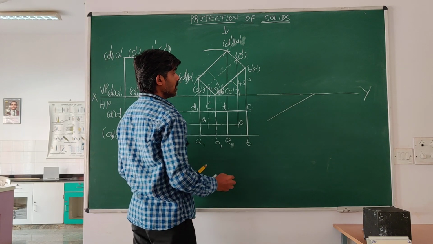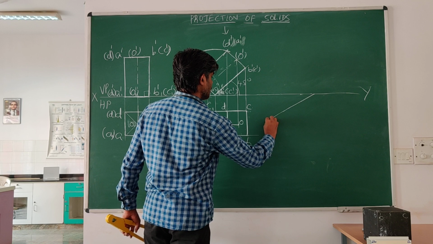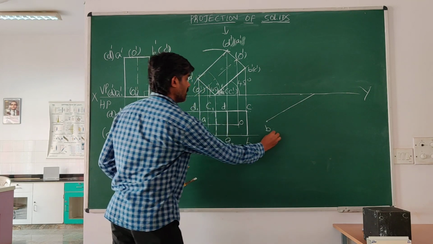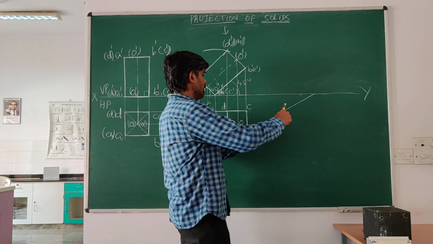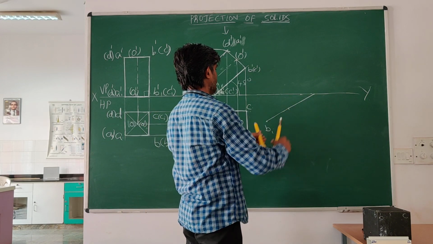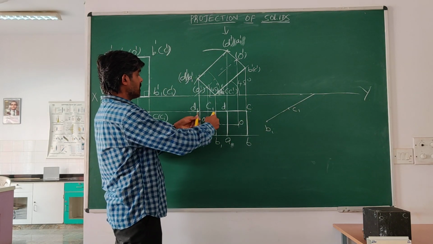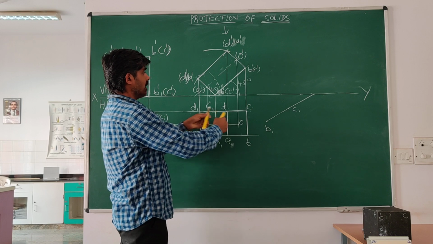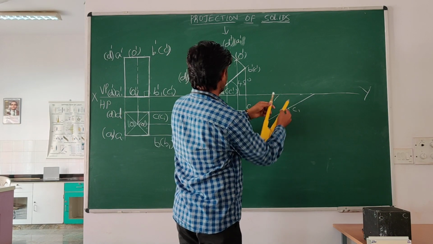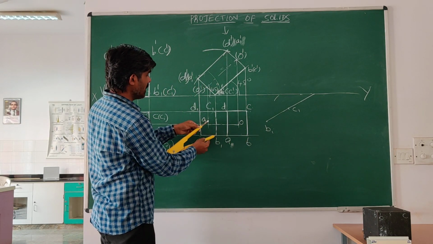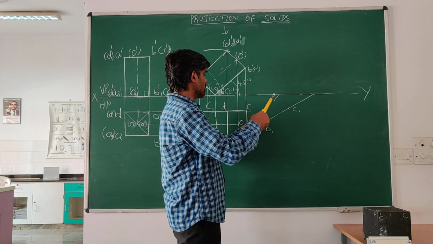So I will mark some point here as B1. I will take this length B1C1 and mark it here. This will be C1. Now observe here, if I take C1D1 here, and now B1D1, let me see whether it will cross the XY line or not.